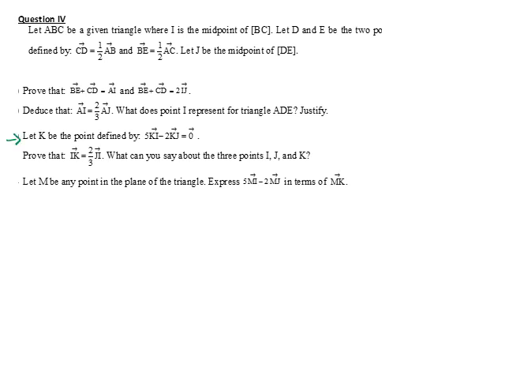Let K be a point such that 5KI minus 2KJ equals 0.